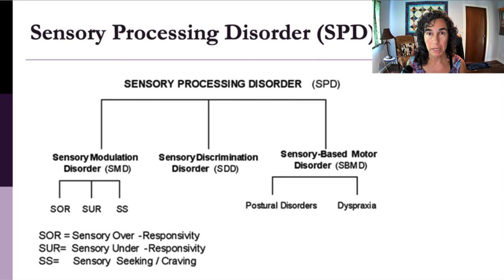On the other side of things, there's the sensory-based motor disorder, which is how sensory integration affects motor ability. And in between is sensory discrimination disorder. So this is not the protective part of the nervous system, but the discriminatory part, which contributes to our ability to engage in very precise movement and very graded movement.